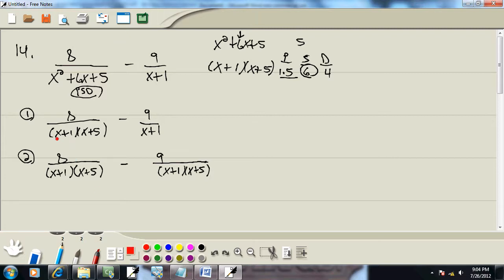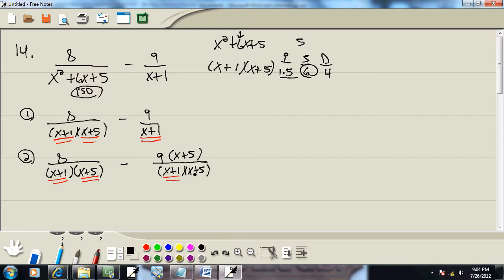Well, first thing you have to look and see what the old one had and what's new. You had an x plus 1. This has an x plus 1. Had an x plus 5. The x plus 5 is still there. There's nothing new in our first fraction, so it doesn't change at all. Our second fraction, we had an x plus 1. That x plus 1 is still there. The new thing down below is the x plus 5, so we have to put it up on top. Whatever you put down below, you have to put up on top.